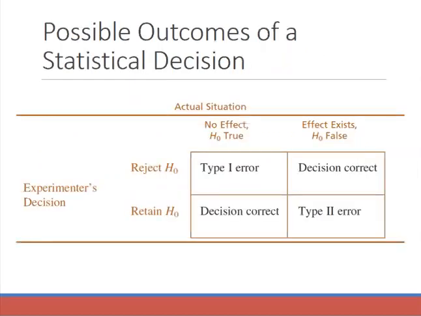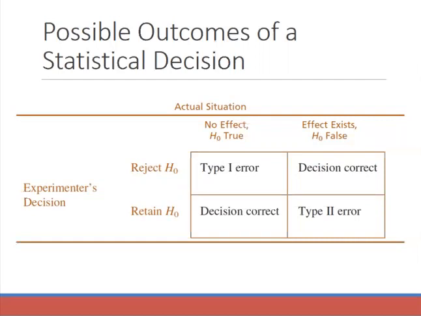Okay, so this is a way to set up the possible outcomes of a statistical decision. And remember, we're making a decision, but we don't know 100% what's true. We are taking our best guess based on the data. And so this gives us 4 types of possible outcomes for a statistical decision. My graduate stats professor always used to say, let's think about if there were a recording angel that somehow knows what's true.